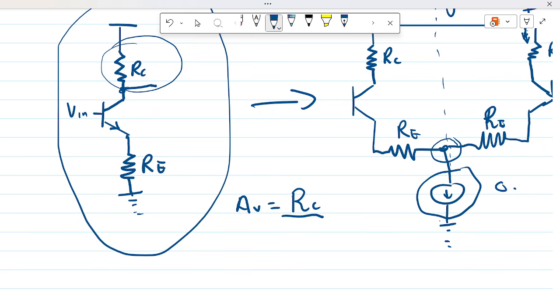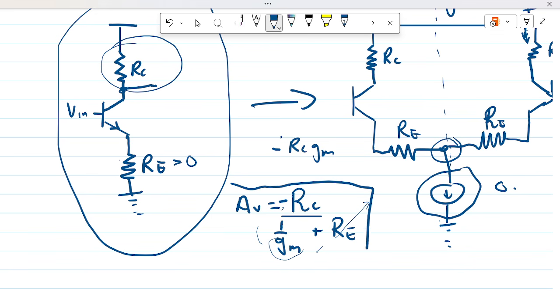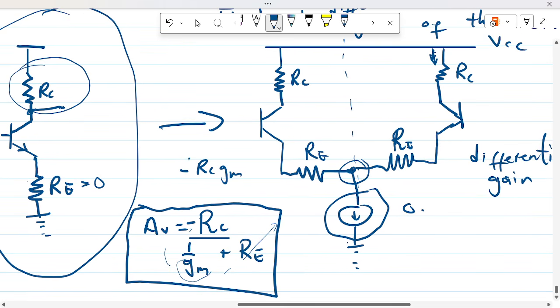We are just neglecting the output resistance effect here, together with 1 over gm of the device plus RE. So assuming there's no RE, RE is equal to 0, then this term moves back up, and you have our negative RC gm, as we already know. Okay, so this becomes the gain of the half circuit, which is also equal to the gain of the differential circuit.